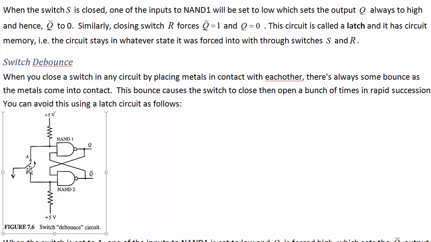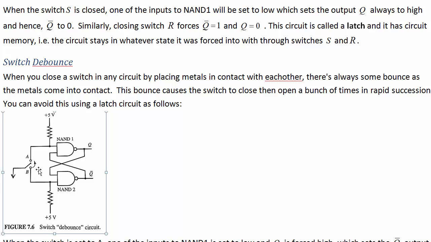So we've got the switch, we can switch it from B to A. When it's at B, the output is going to be a 0, and then as we switch it to A, the output is going to be a 1. Now, why is this better than just using a regular switch? Well, it gets rid of that bouncing problem, so it debounces from that metal on metal contact thing.